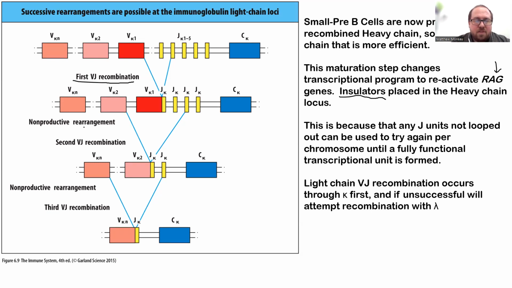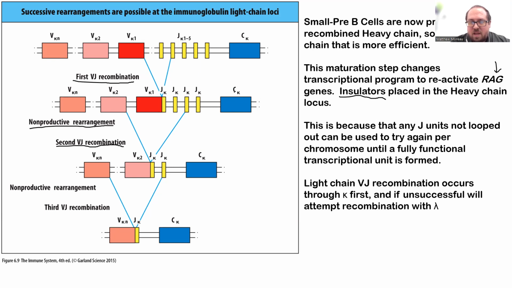If for some reason the first segment produces a non-productive V and J, it can actually keep on, which is different than what we saw with T cells. But in the light chain of the B cells, you can get multiple successive rearrangements of the V and J segments in relationship to the development of the light chain.